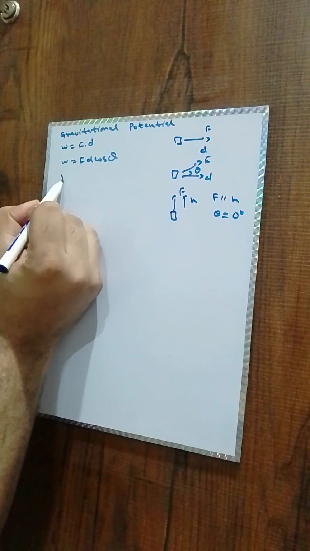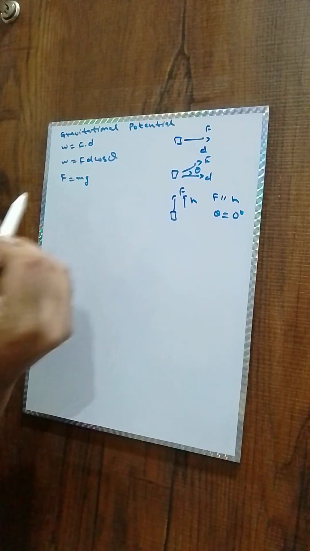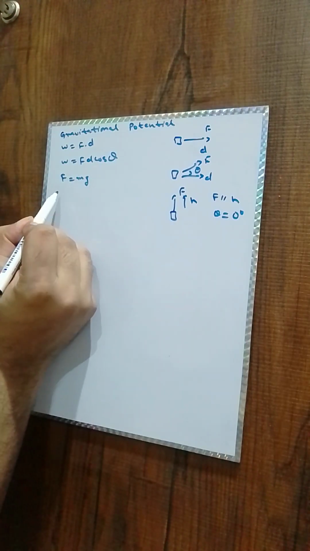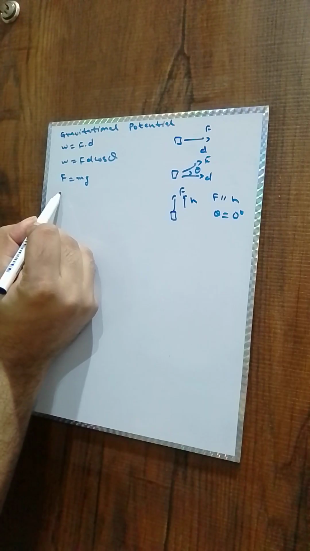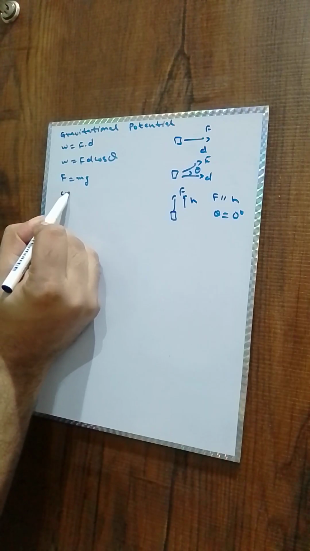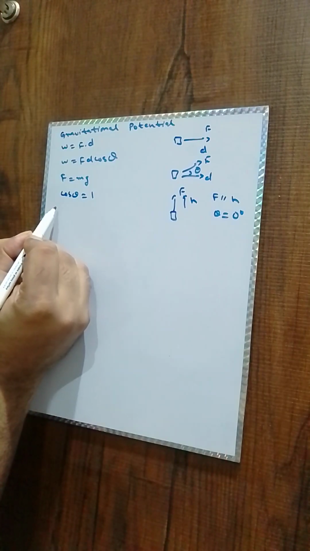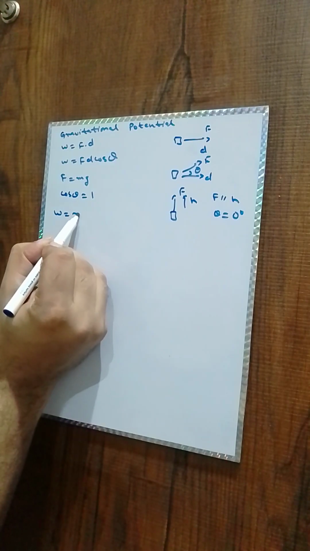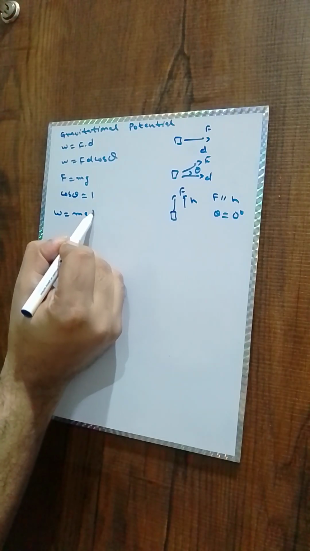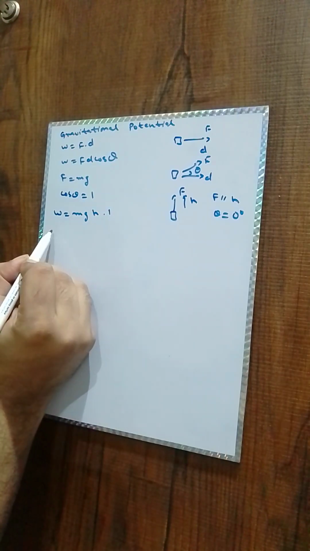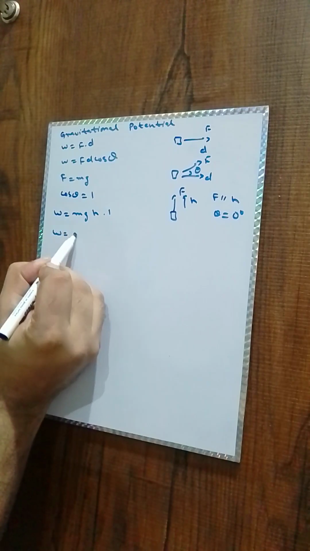So F is equal to mg, the weight in case of gravity, and cos theta is equal to 1. So W is equal to mg h times 1, because d is h, the distance is height in this case.